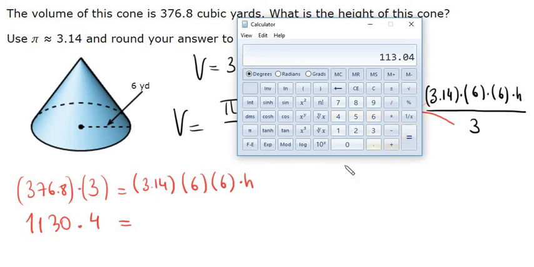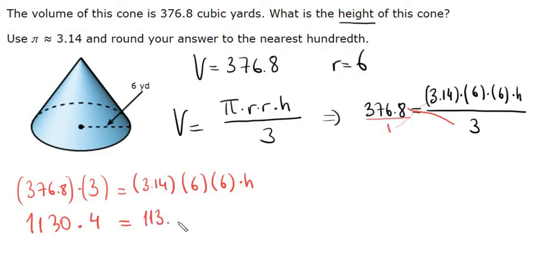We're going to get 113.04. And also we have times h, right? Now this is not a decimal point, this is a multiplication, by the way. Now we can divide this by this in order to get the height.